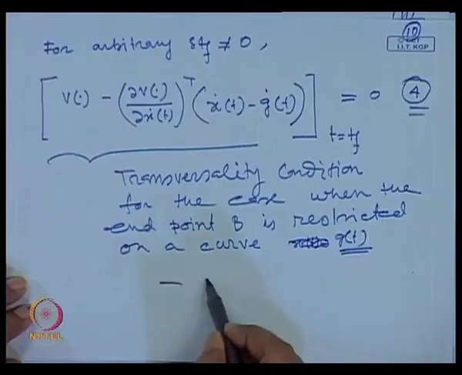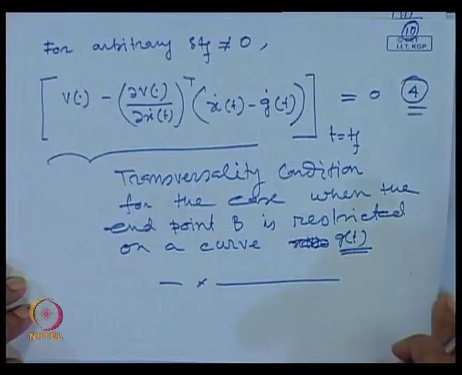For that one has to check what is called the sufficient condition. So, next class we will discuss the sufficient condition to establish whether the functional value is minimum or maximum. So, we will stop here at this moment.